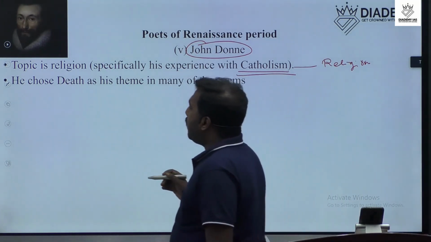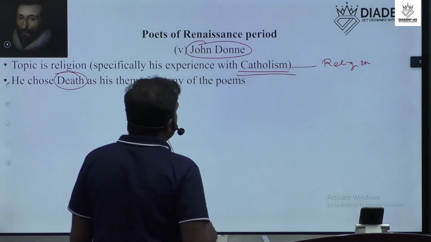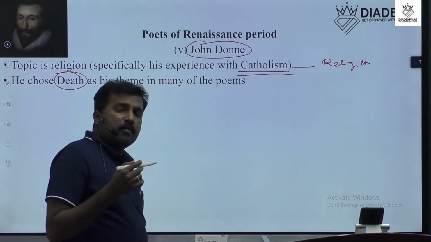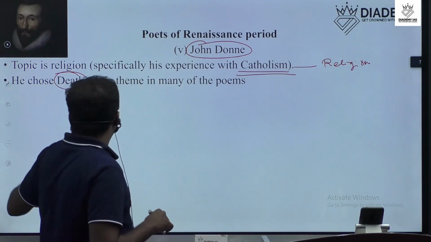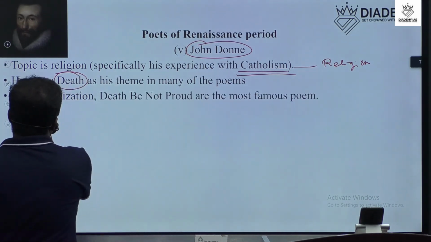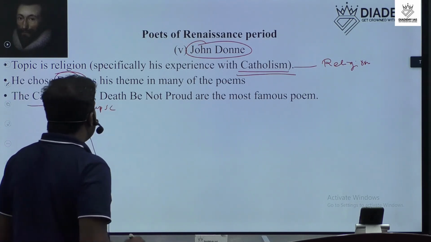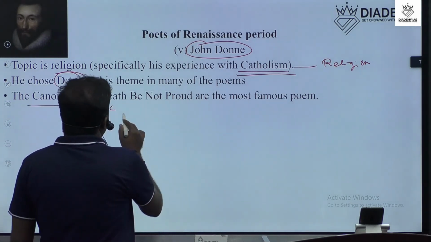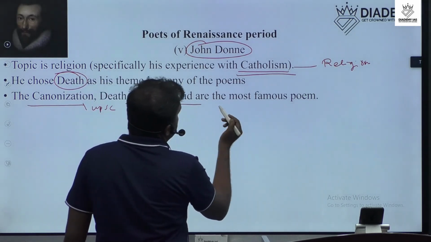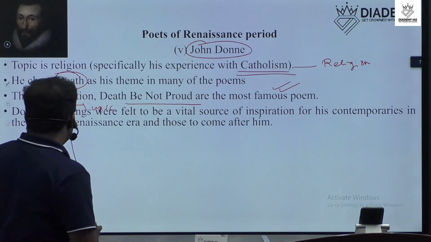Then another important point is death. Death was also one of the themes in his poems. His other works are The Canonization, which we have in the UPSC syllabus, and Death Be Not Proud. All these are important poems of John Donne.